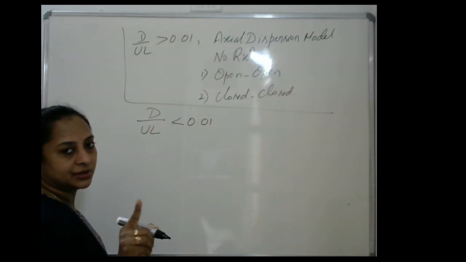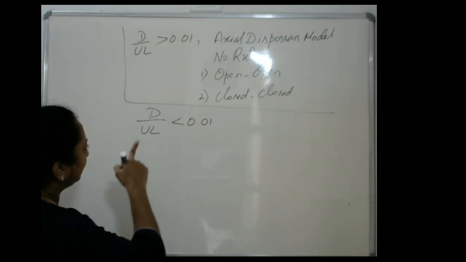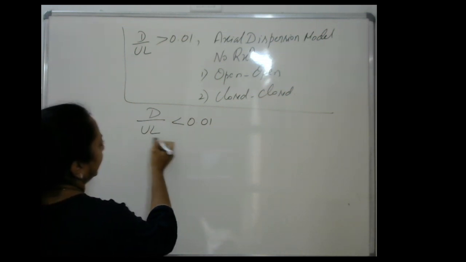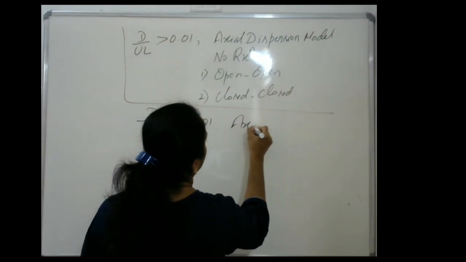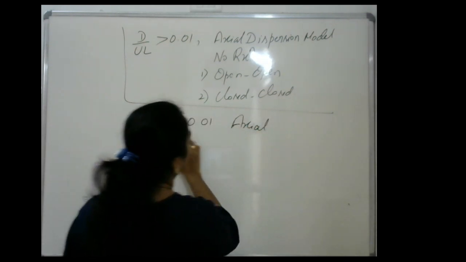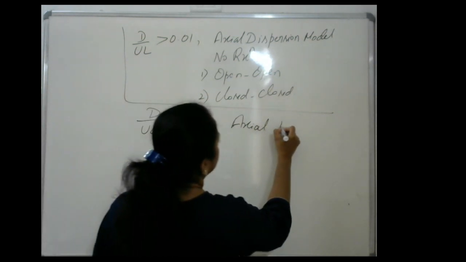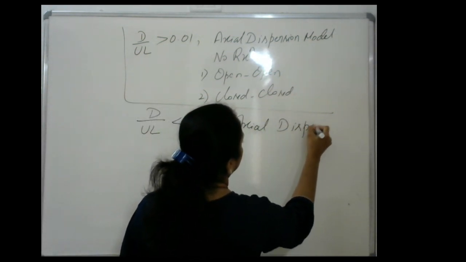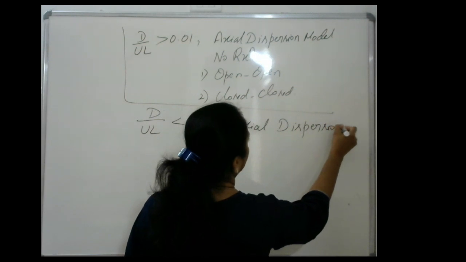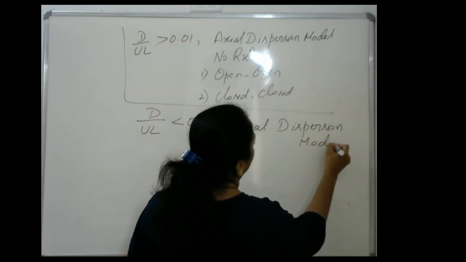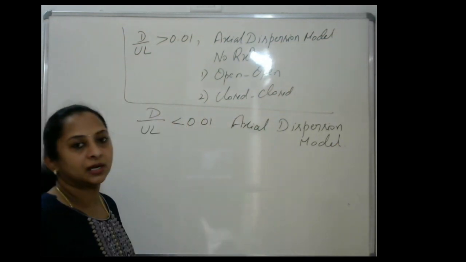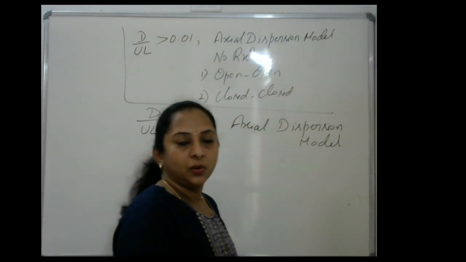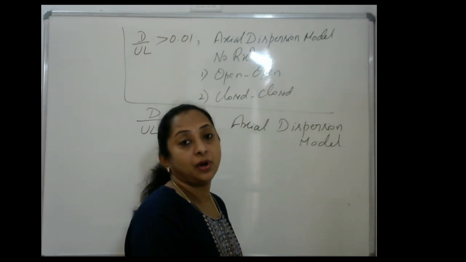And I'll just give the equation for finding E theta for this case also. This is again D by uL less than 0.01, axial dispersion model. Boundary conditions will not have any effect on the C versus T curve, a very important note, and one will get a Gaussian distribution.